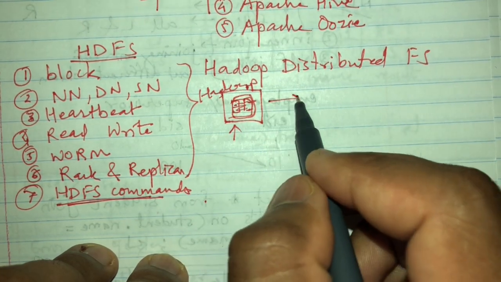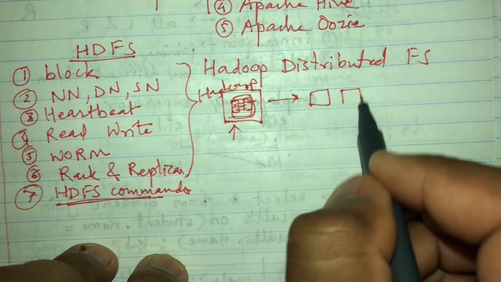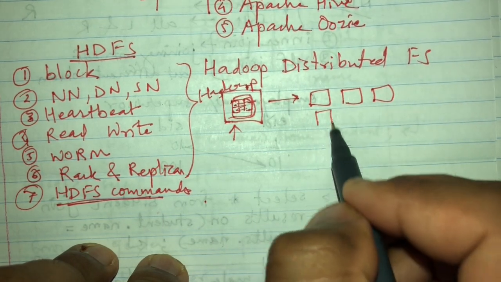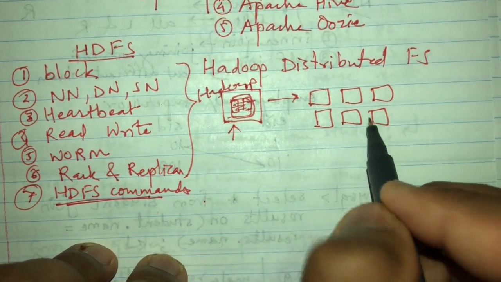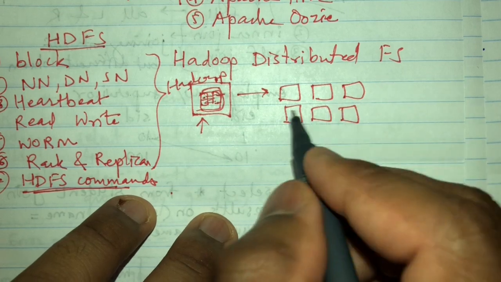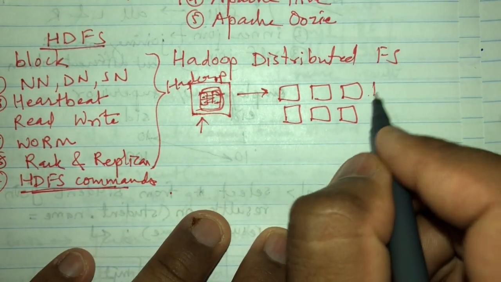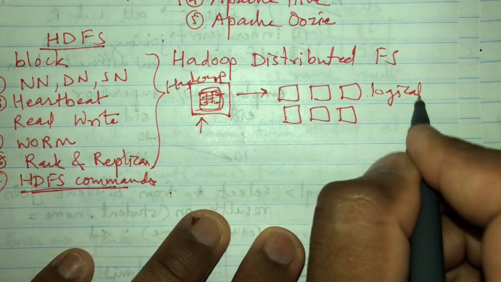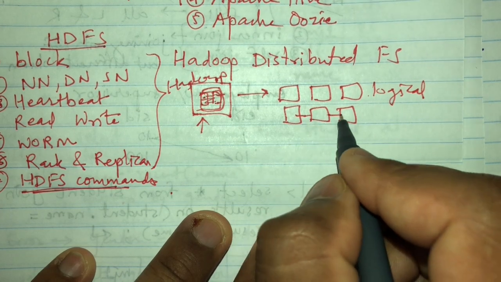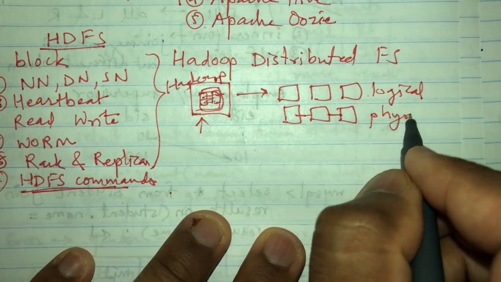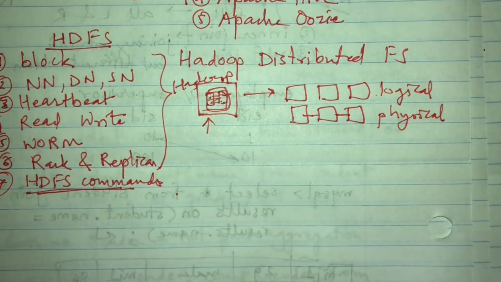But in the back end, there might be hundreds and thousands of machines which are connected together either logically or physically. By logically, I mean they are connected over Wi-Fi. By physically, I mean they are connected by an Ethernet cable.